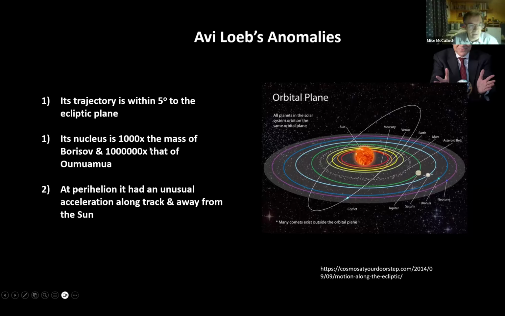The second anomaly that I'll pick out is that, sorry, I should say too, its nucleus is 1,000 times the mass of Borisov, which was the second interstellar comet, and it's 1,000,000 times the mass of Oumuamua, which was the first interstellar comet. So it's absolutely huge.